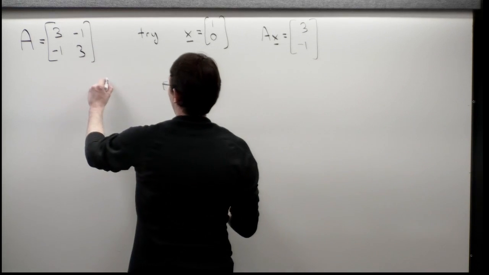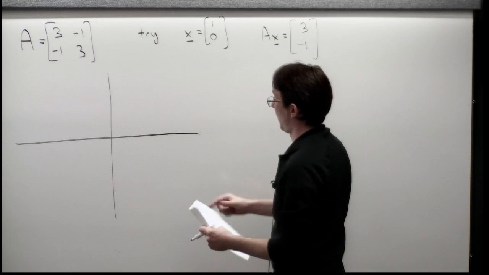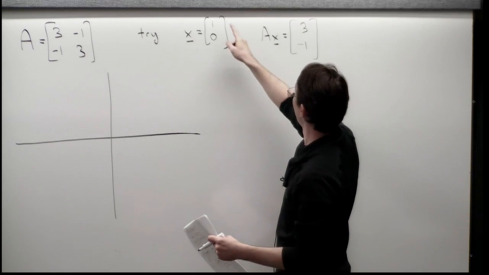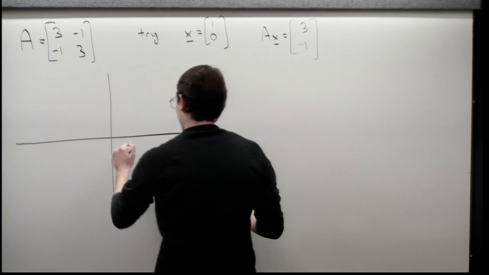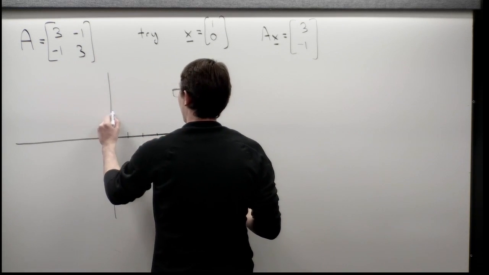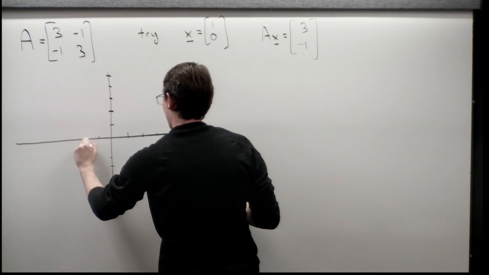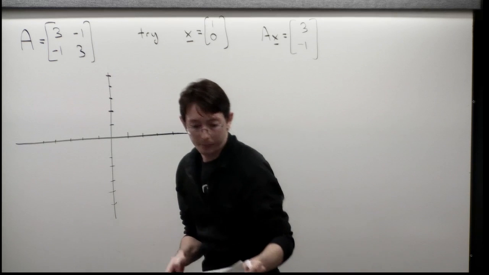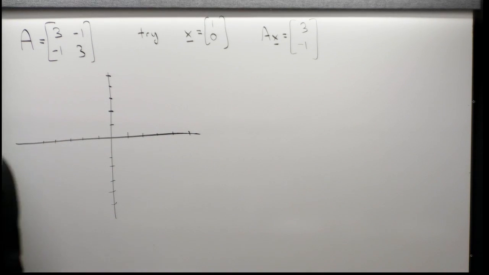Let's plot these. We're going to plot the vector x and the vector A x here. I'm just going to use different colors for each of these.